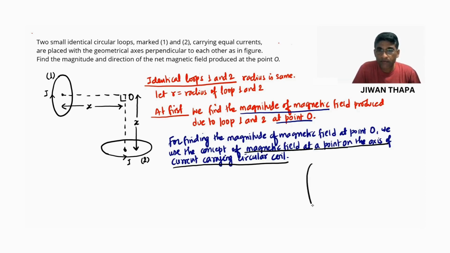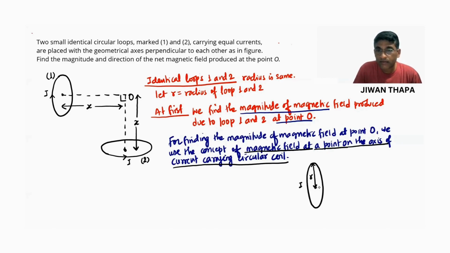Let's say we have a circular coil with R as the radius, and let I be the current flowing in this circular coil, and current can flow in clockwise or it can flow in anti-clockwise direction.